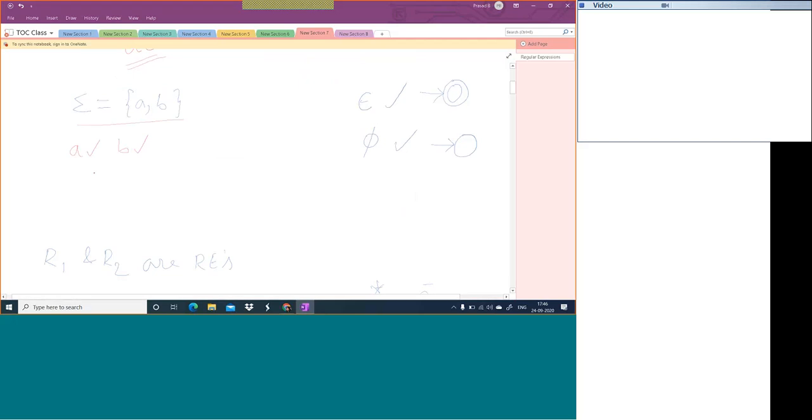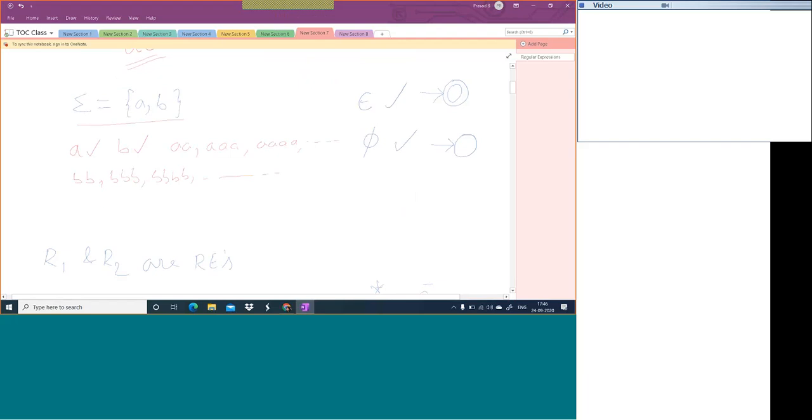That means A square is a regular expression, A cube is a regular expression, and A power 4, that is four A's, like this, any number of A's. Like that, any number of B's, B square, B cube, B power 4, B power 5, these are all regular expressions.